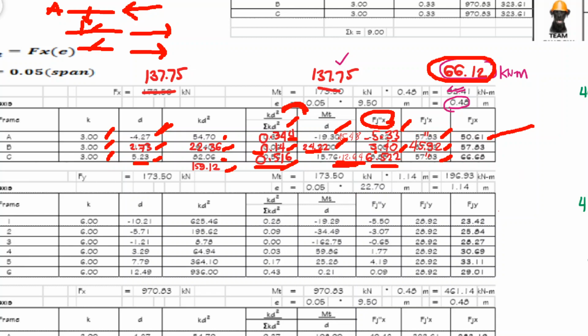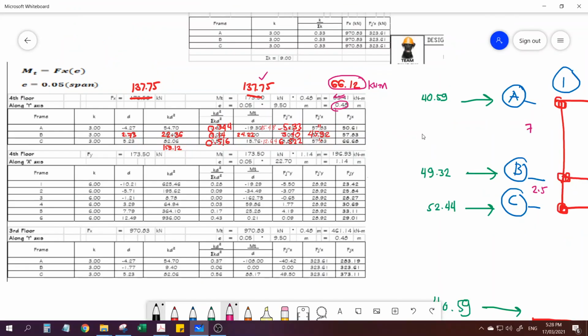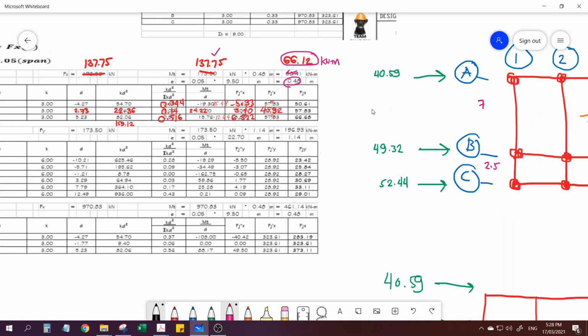Then 3.4 plus 45.92, get the answer. Lastly, 6.522 plus 45.92, get the answer. So it turns out this is what comes out.